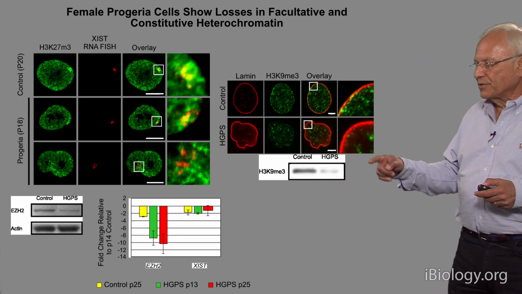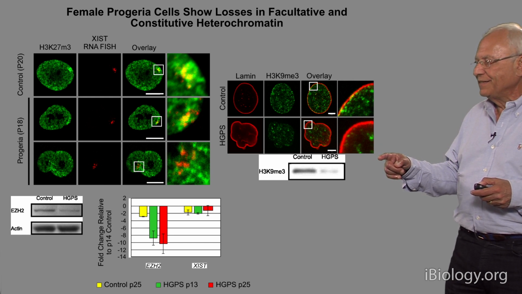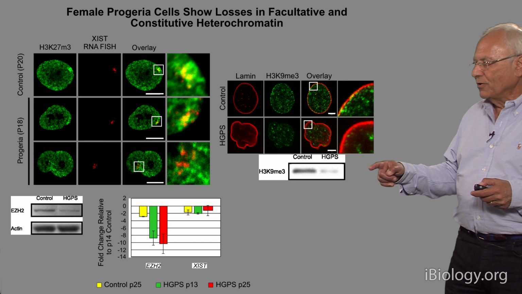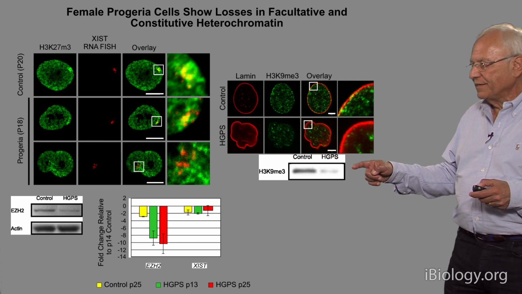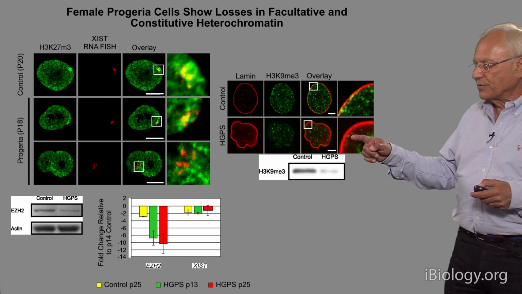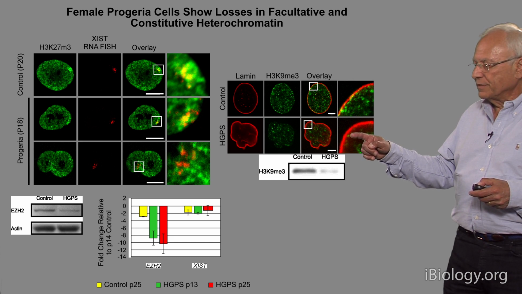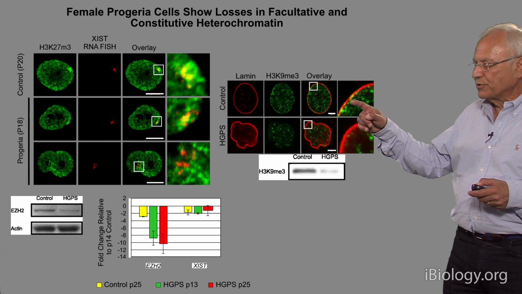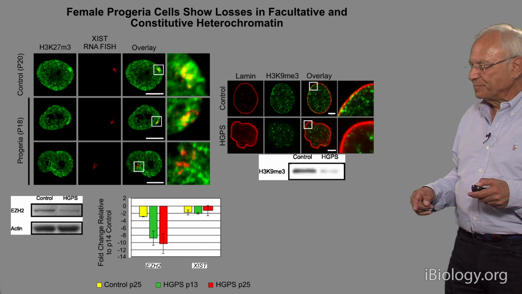And on the right, you can see another histone mark, H3K9me3, also greatly reduced by Western blotting in progeria nuclei at later passages. And you can also see in the nuclei of the patients that there's very little peripheral heterochromatin containing the H3K9me3 mark compared to controls.